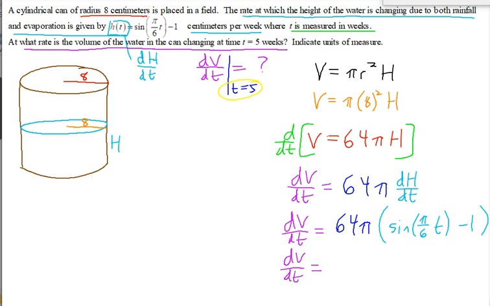So we get 64 pi times, when you substitute in 5, it becomes the sine of 5 pi over 6. It's still minus 1. So let's go ahead and figure out what the sine of 5 pi over 6 is.